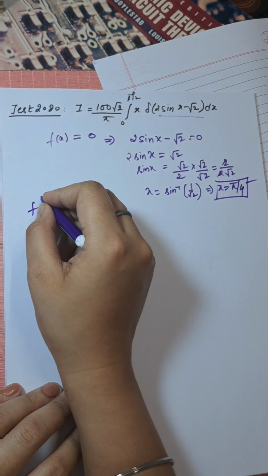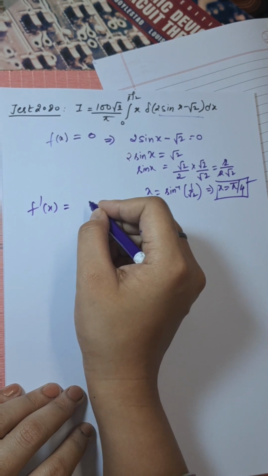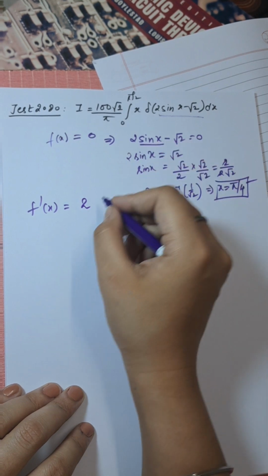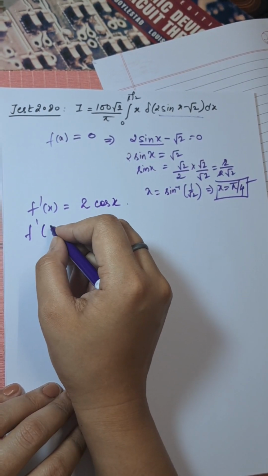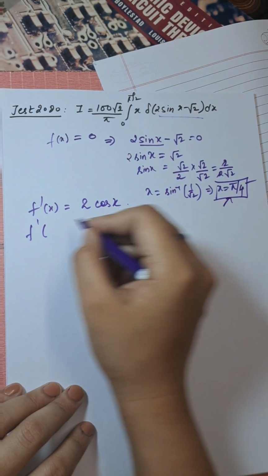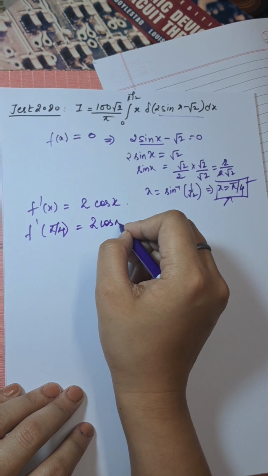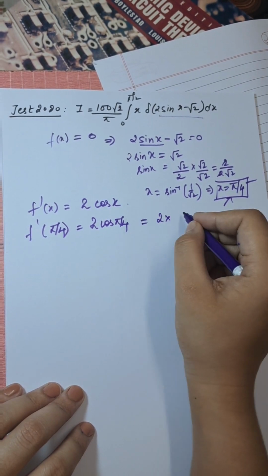Now taking the differentiation of f with respect to x, we get 2 times the differentiation of sin x, which is cos x. Now f dash at x equals pi by 4 is 2 cos pi by 4, and we know that cos pi by 4 equals 1 upon root 2.